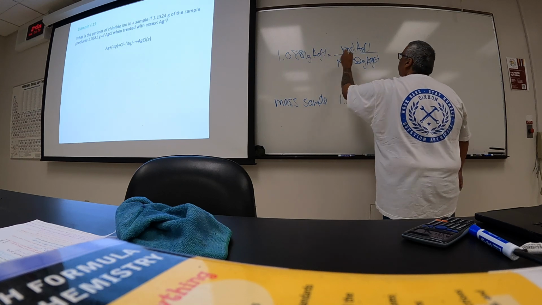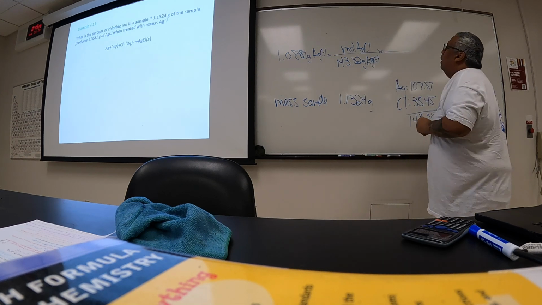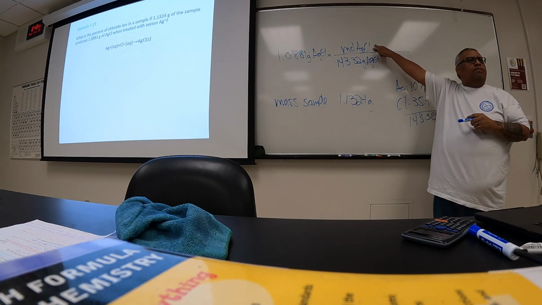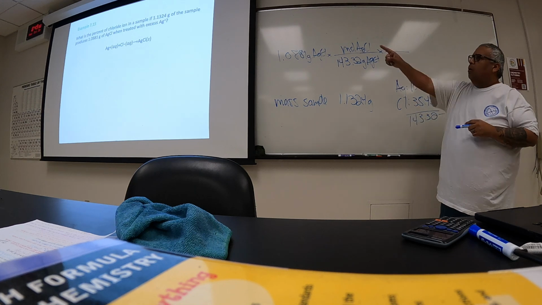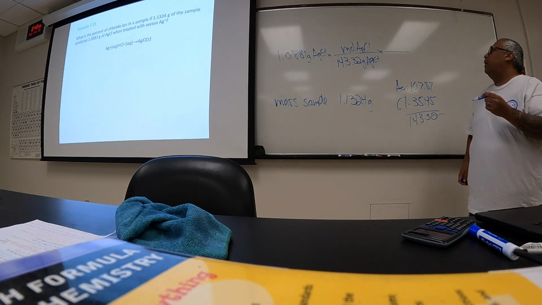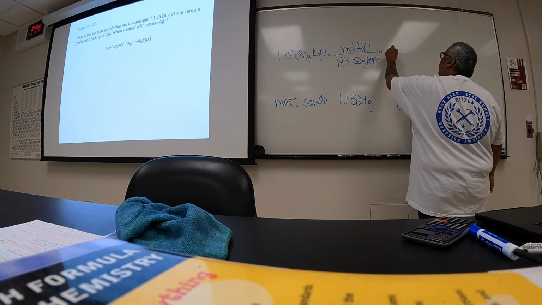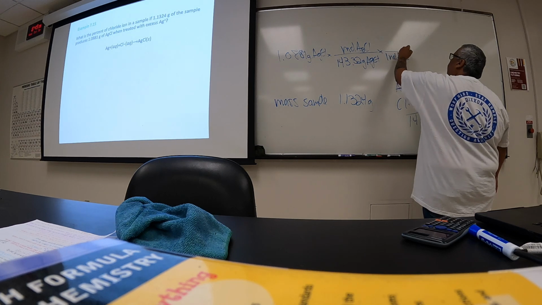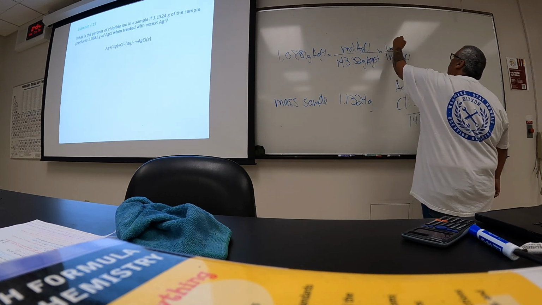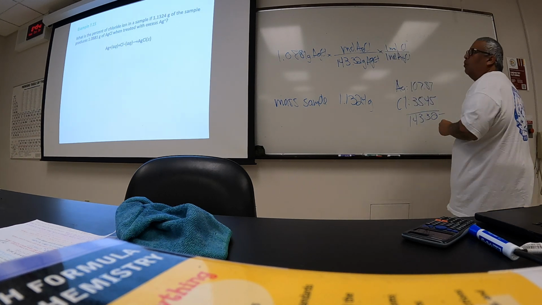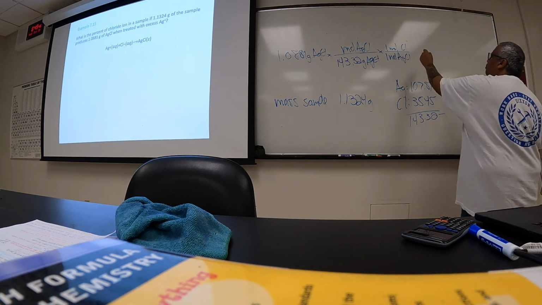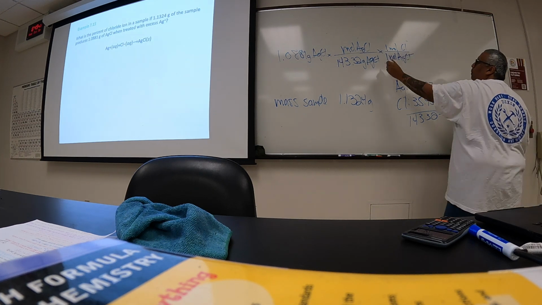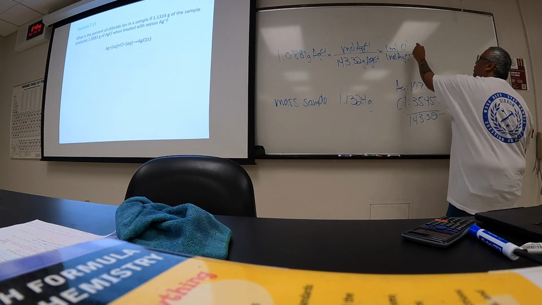This unit cancels this unit. And now we can convert moles of this into moles of chloride. So for every 1 mole of silver chloride, we get 1 mole of simply just chloride ions there. Those units go away.